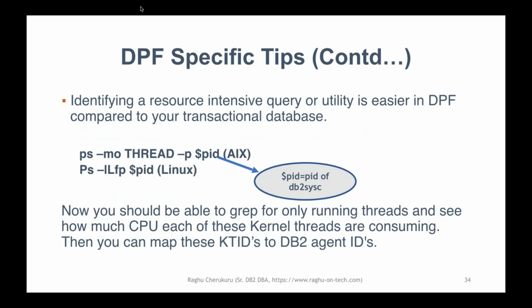One of the ways, other than WLM, I use WLM a lot, but other than WLM, if somebody comes to me right now and says, hey, there is some slowdown across the cluster, these are some of the commands that I use. Starting with 9.5, DB2 is a thread-based model. So under the db2sysc parent process, you can see all the operating system threads that are running using these operating system specific ps commands.